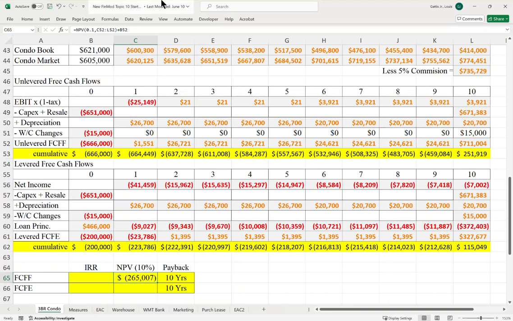If I do the same formula, I'm actually going to anchor all that, copy, paste, and then that allows me to drag this formula down. Doing the NPV of FCFFs, and you can see it's minus $88,000.